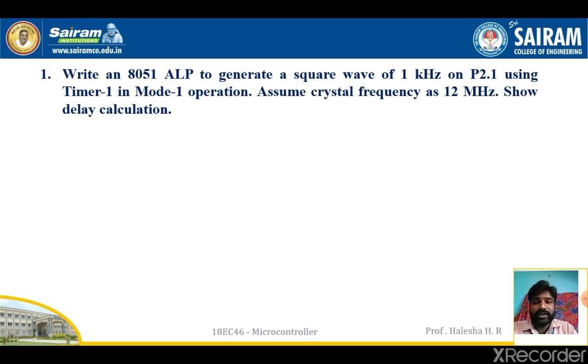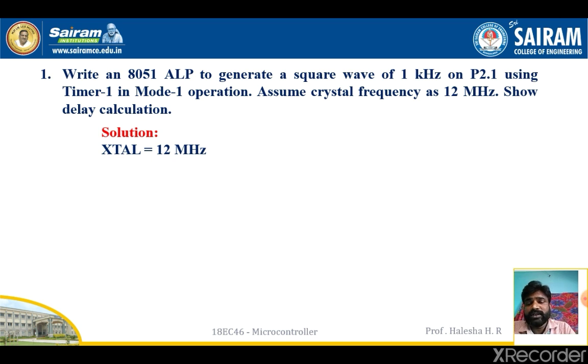So first we need to understand it is required to generate a square wave of 1 kilohertz on P2.1. For that purpose we should use timer 1 in mode 1 to generate the delay between the on period and off period. Now let's see the solution. The crystal frequency, that is XTAL frequency, is 12 megahertz.